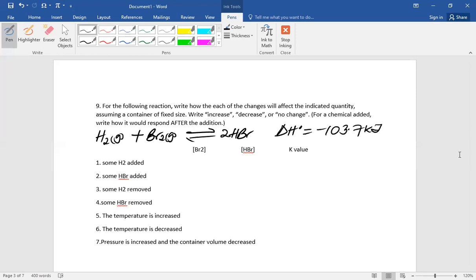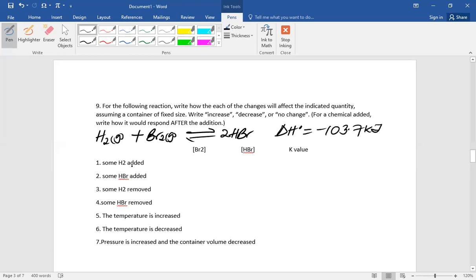Okay, so for the following reaction, write how each of the following changes will affect the indicated quantity, assuming a container of fixed size. Write increase, decrease or no change for the chemical added. So write how it would respond after addition.